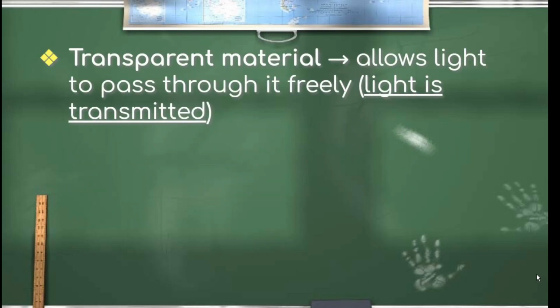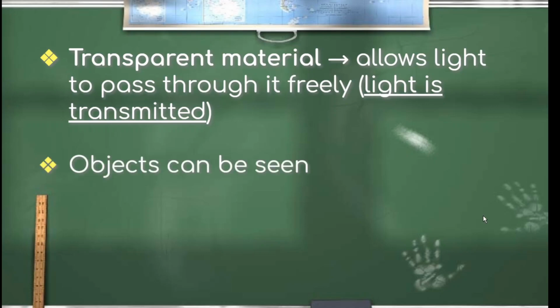All right. The first one, transparent material. It allows light to pass through it freely. So this essentially means that all the light that hits it is going to be transmitted. And transmitted basically means it goes right through. This means that objects can be seen through the material.